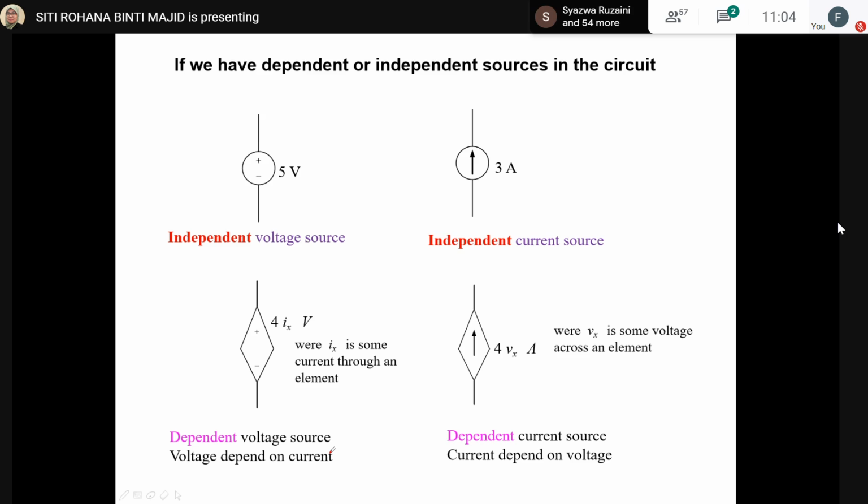This one, the diamond shape, is for a dependent current source. So the current depends on voltage, and the left side is voltage dependent on current.